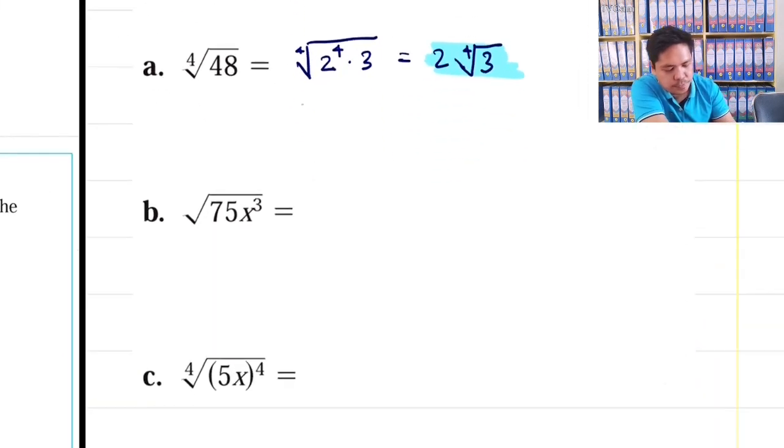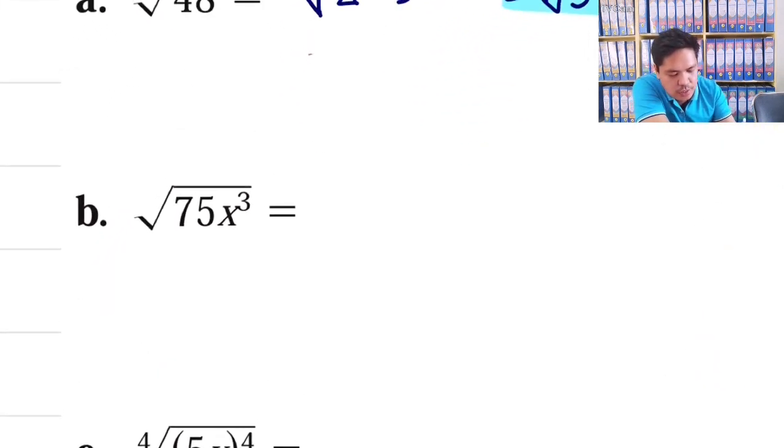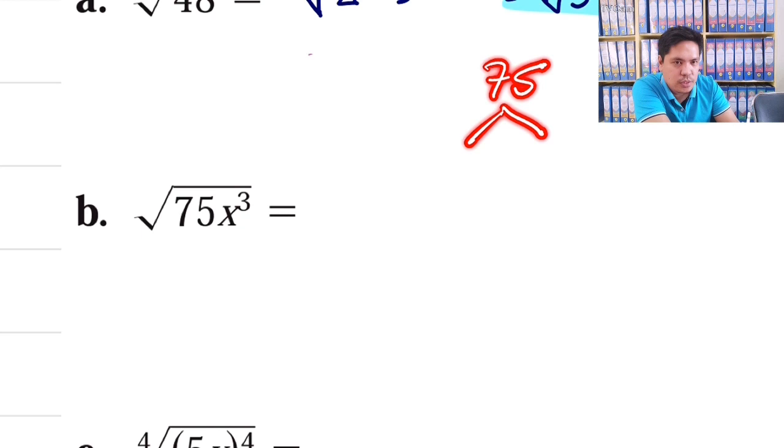Okay, how about letter B? For letter B, let us look at 75. 75 is divisible by 5, right? By the way, how do we divide a number by 5? We just take the double of 75. The double of 75 is 150.